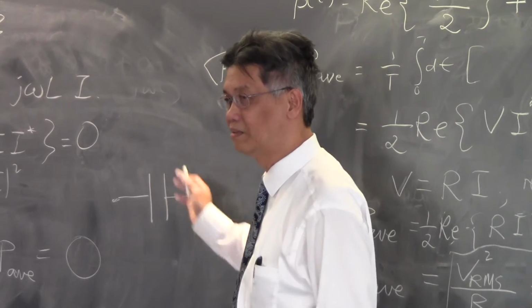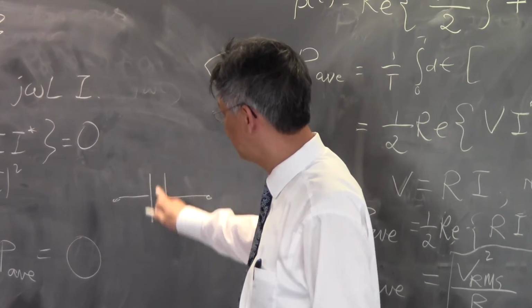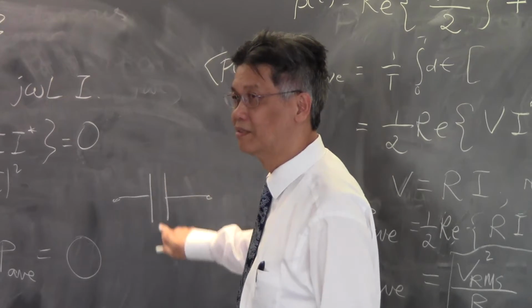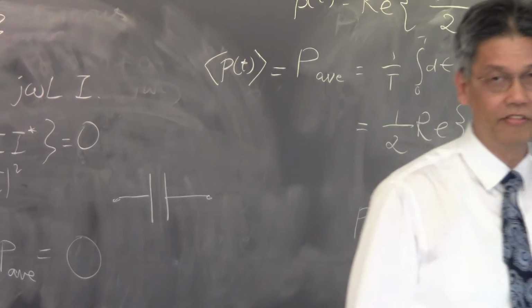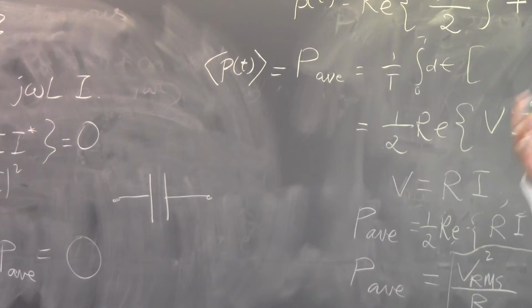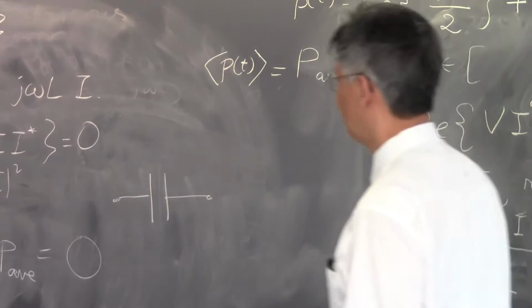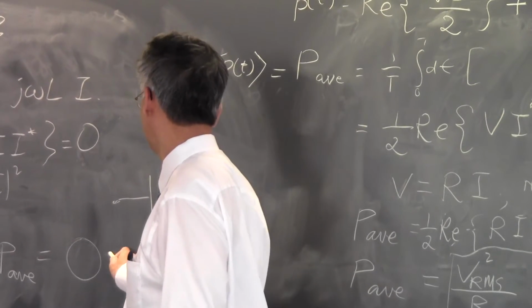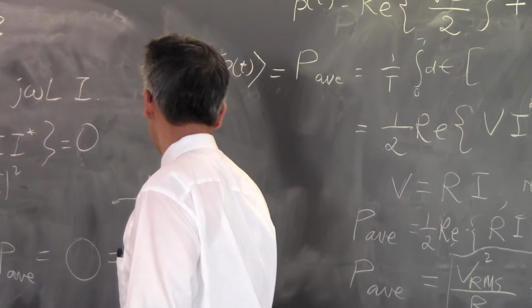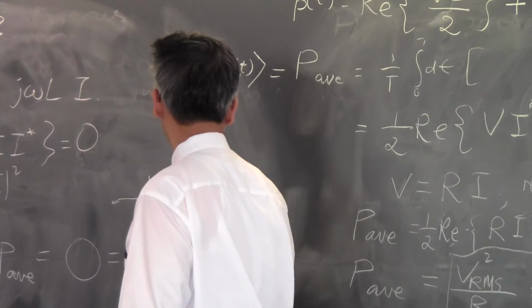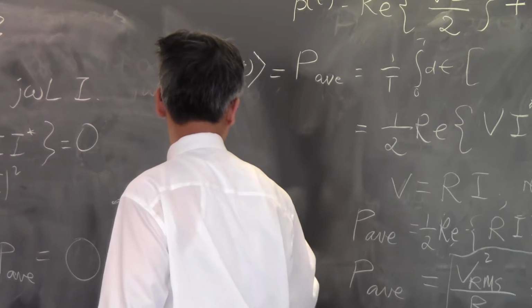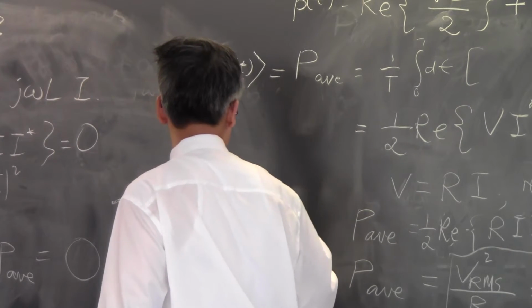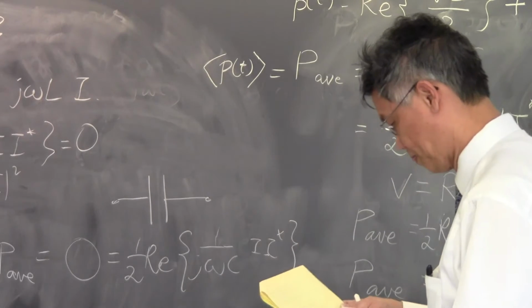But after a while, the current stops flowing, and energy is stored in this device. There will be an electric field built up with energy storage, and then the energy releases itself back and forth in different cycles. So things time average to 0, because if you work this out, it will be half the real part of 1 over j omega C times I squared, and it has to be 0.